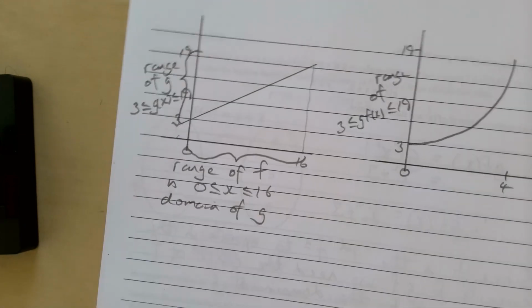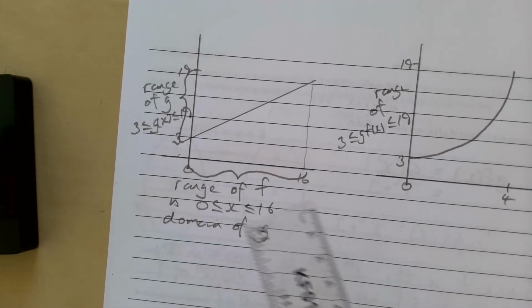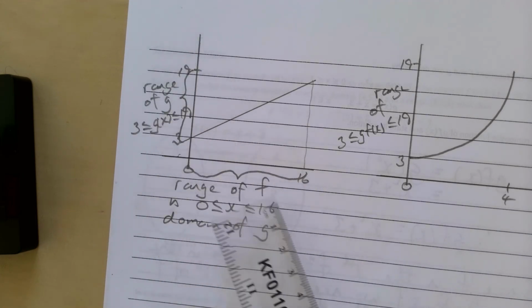So a fair amount going on here, but hopefully it kind of makes sense. And then from the graph it can be seen that the range of g when its domain is 0 to 16 is 3 to 19. Therefore the composite function g of f is going to have a range then of 3 to 19.